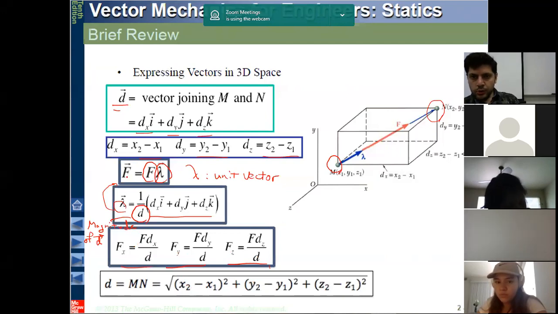So here we knew the dimensions x2, x1, y2, y1, z2, z1 regarding points M and N. But sometimes the dimensions are not given and the angles are given.